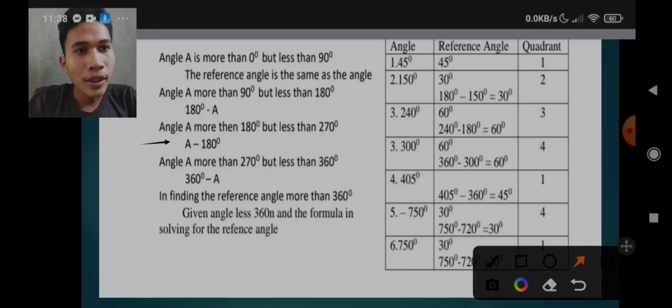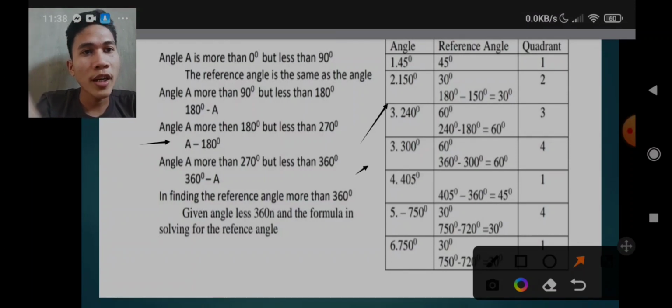So for example, number 3, which is 240 degrees. So 240 degrees minus 180 degrees. So our reference is 60 degrees. So we all know that 240 degrees is in quadrant 3. So our quadrant is quadrant 3.